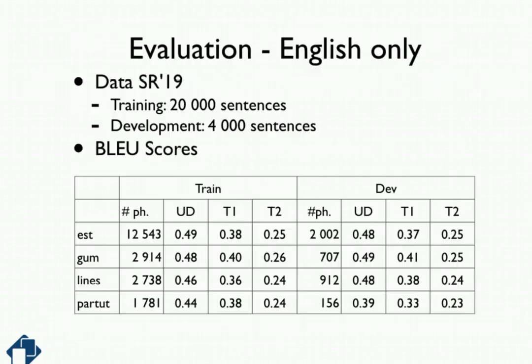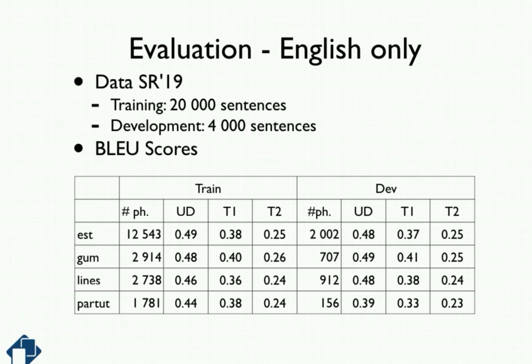So what are the results for this? If we apply this on the training and development data, then you see that it is almost independent of the corpus, except for this one.